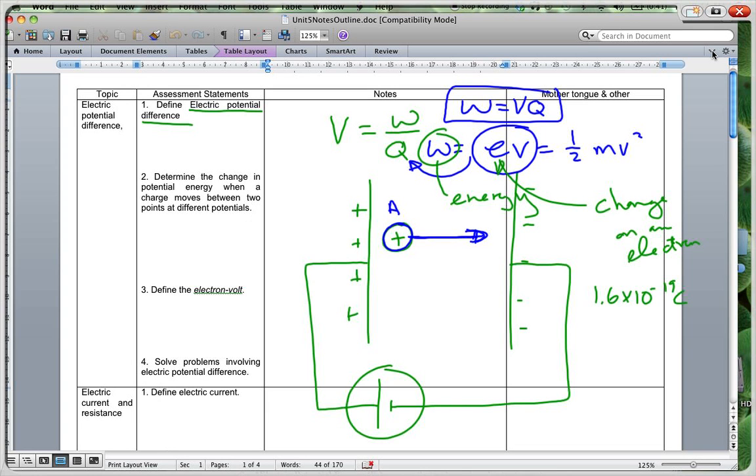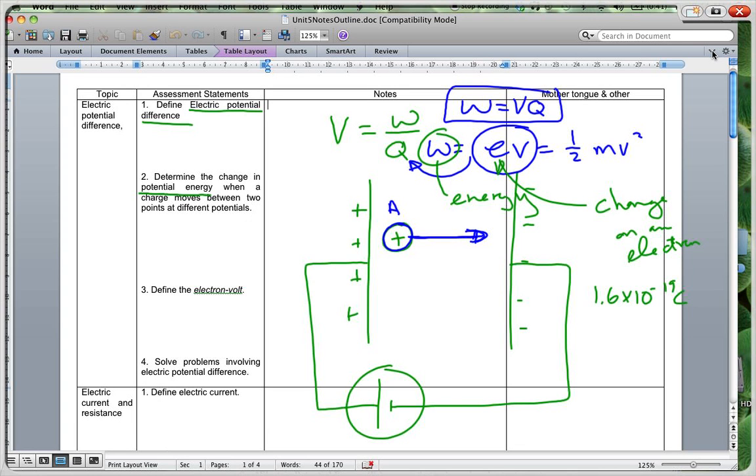Alright, so when we have a charge moving between two points, it gains electrical potential energy when it moves from there.